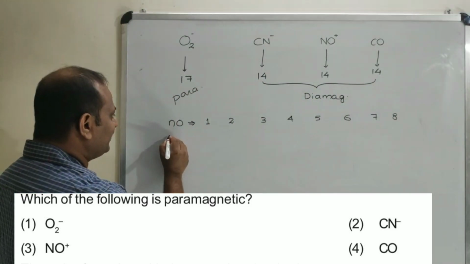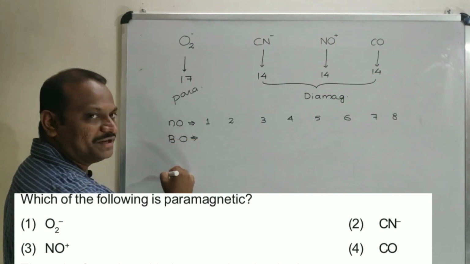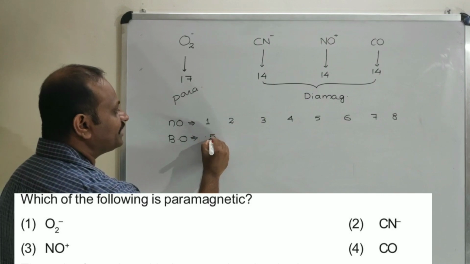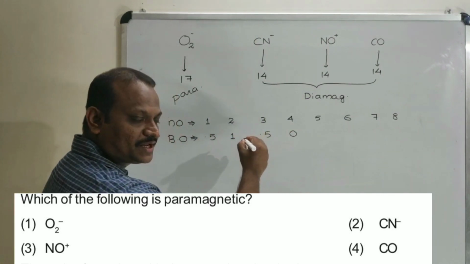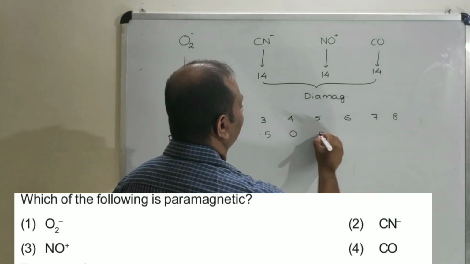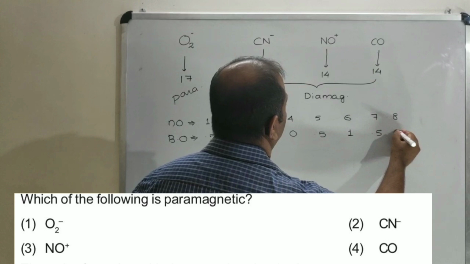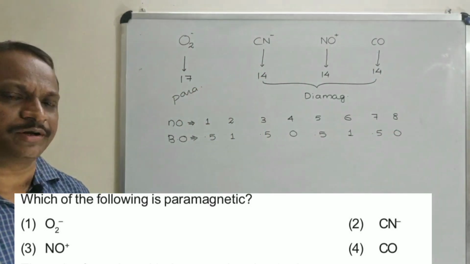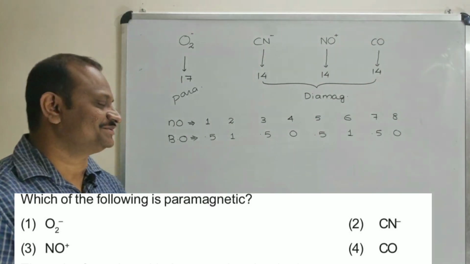Bond order will be coming like this. I'll write the bond order: 0.5, 1, 0.5, 0. Next again we'll get 0.5, 1, 0.5, 0. So this is the bond order. And what about the magnetic moment?